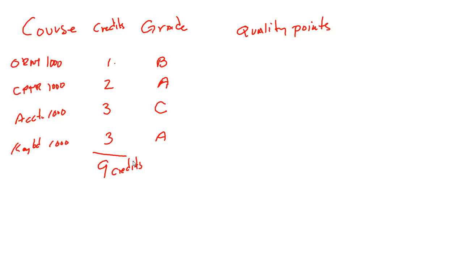Now, quality points are nothing more than your credit hours multiplied by your numerical grade. And so you go back to your letter grades and look at your numerical values.